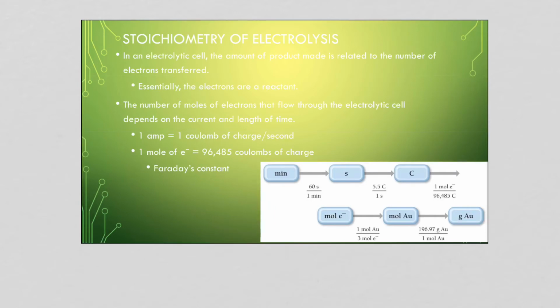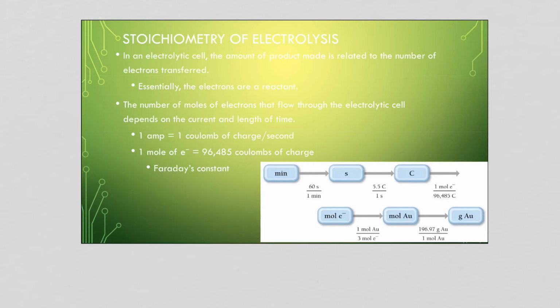And another application that we'll touch on here, which is electroplating, right, where we're trying to produce a specific amount of metal on a surface or something to that effect.